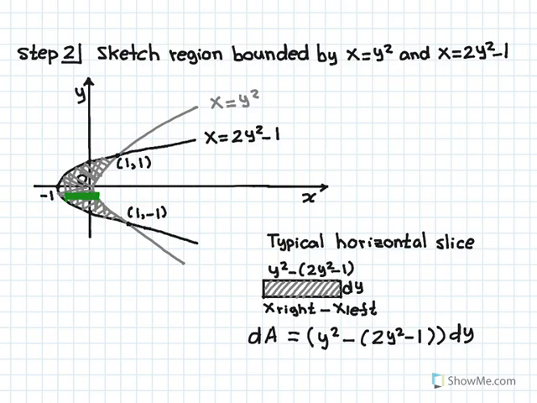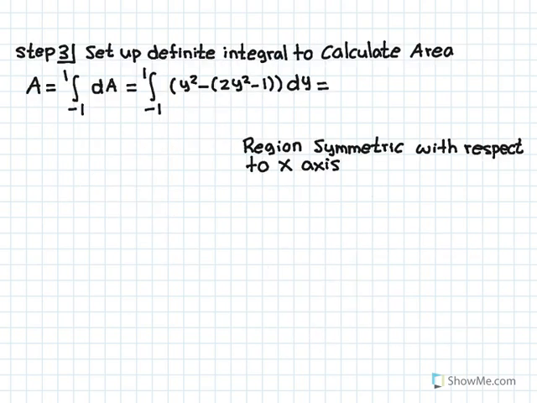All right, so now let's set up a definite integral to calculate this area. So area is the integral from negative 1 to 1 of dA, and we have the integral from negative 1 to 1 of y squared minus (2y squared minus 1). If we simplify this, we get the integral from negative 1 to 1 of minus y squared plus 1 dy.